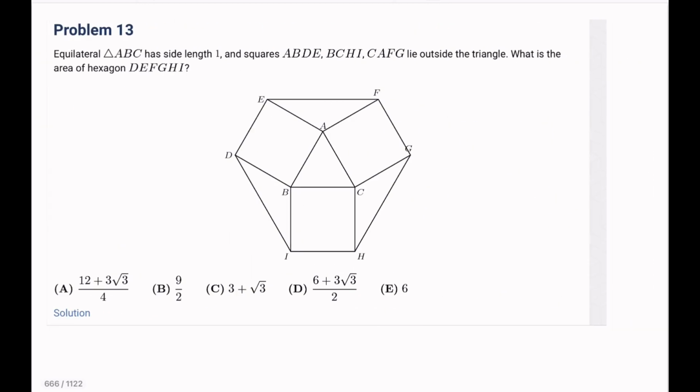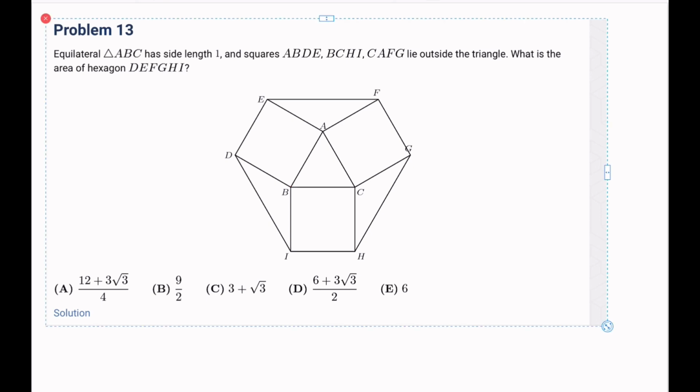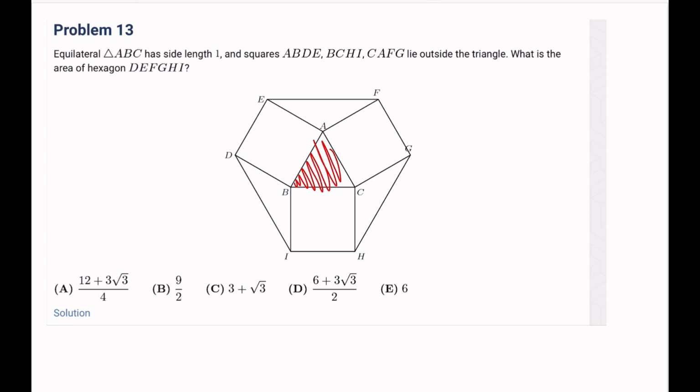Number 13, equilateral triangle ABC has side length 1 and squares ABD, EBC, HIC, AFG lie outside the triangle. What is the area of hexagon DEFGHI? Okay, so first of all, what we have to see is that the area of this triangle and these three triangles, they are all the same, right?